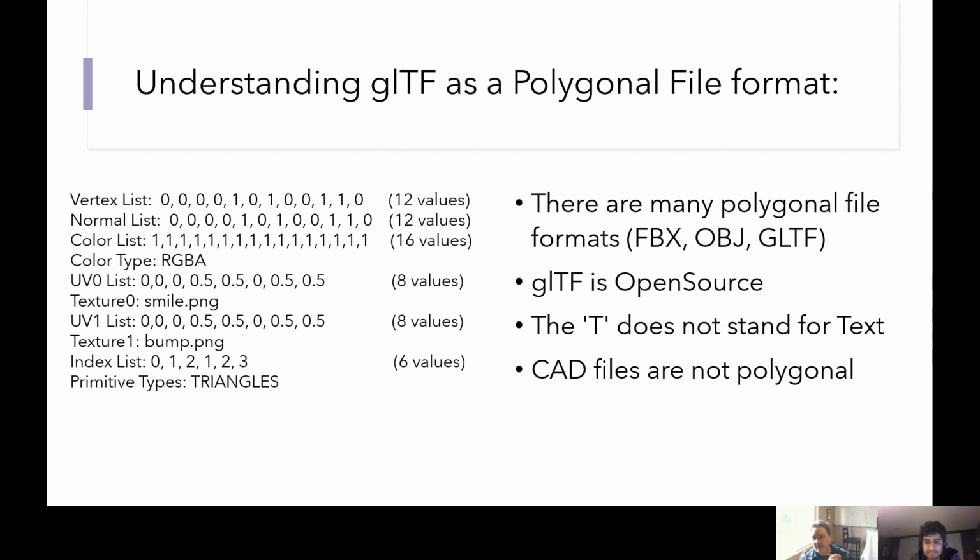When you move from a CAD file to a polygon file, you're going to have a loss of data, and that loss of data is one way because you're losing a lot of information, and what data you lose and what data you pay attention to is going to be very dependent upon the industry.